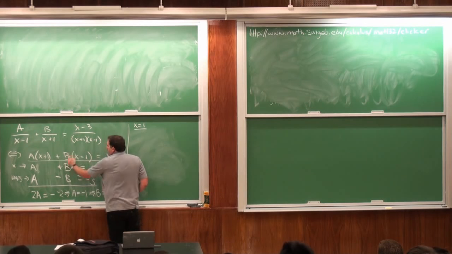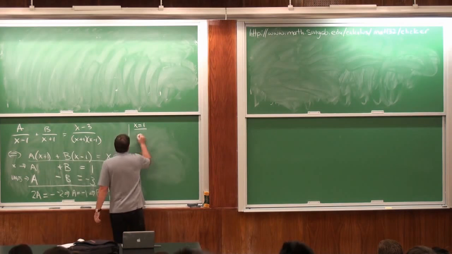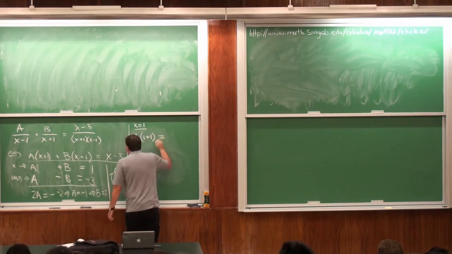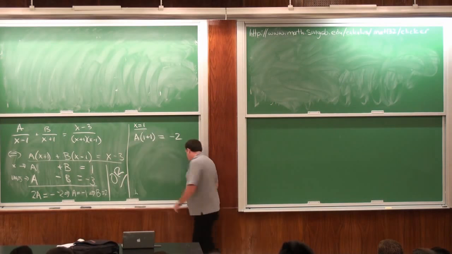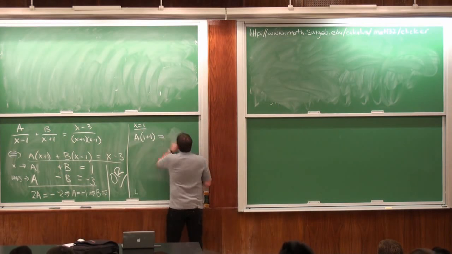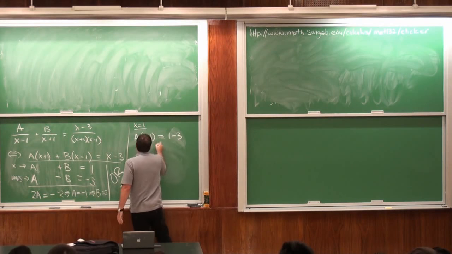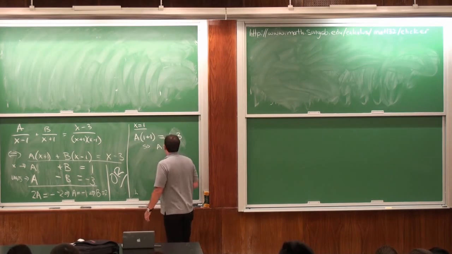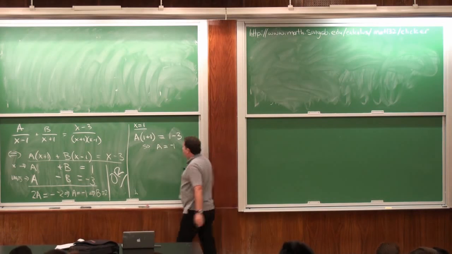So that means a times 1 plus 1, so that's 2a, equals 1 minus 3. So again, a is negative 1, because 2a has to equal negative 2.